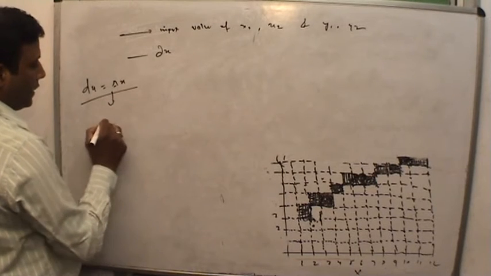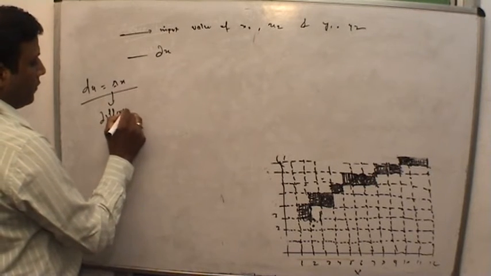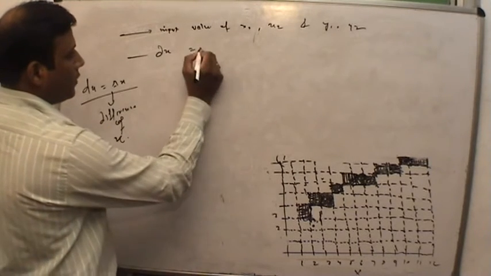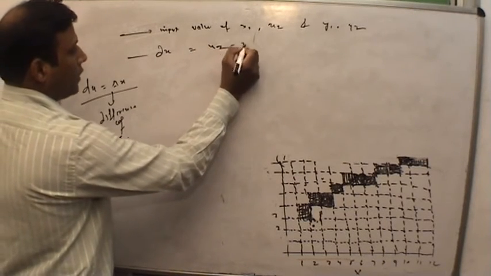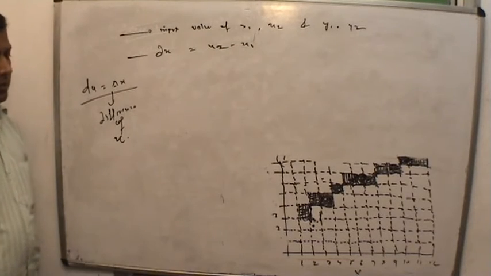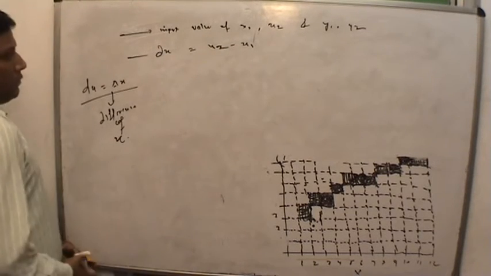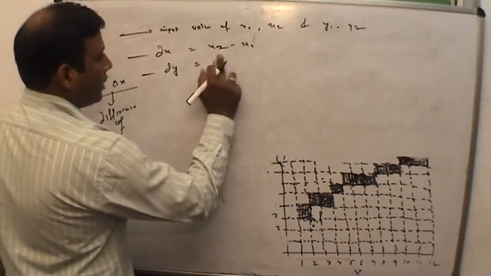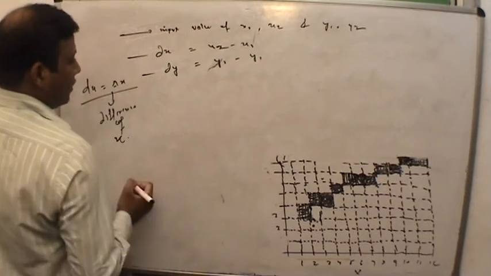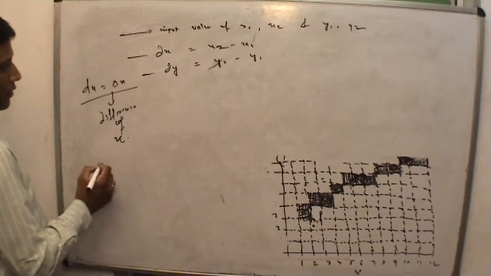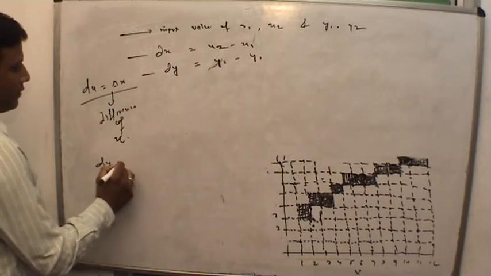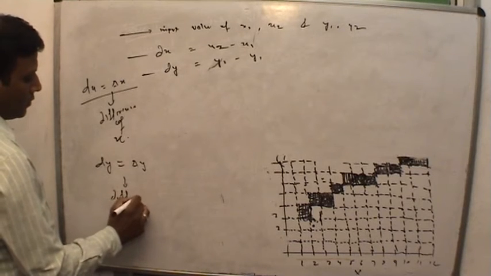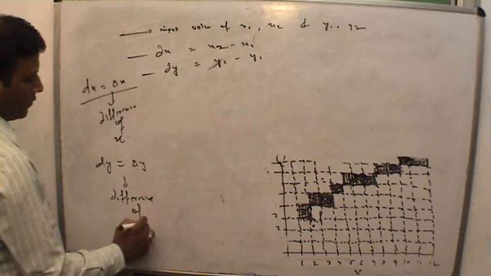This we can say is the difference of x, that means x2 minus x1. And now we can find out the difference of y, dy, which is y2 minus y1, and we can represent dy as delta y. This is the difference of y.